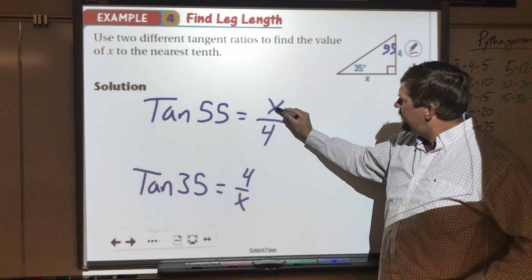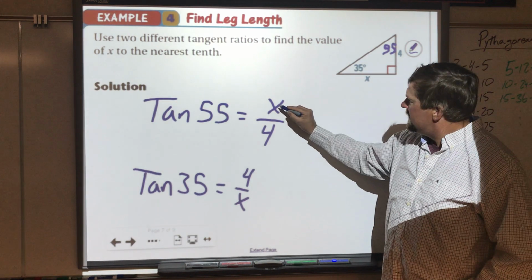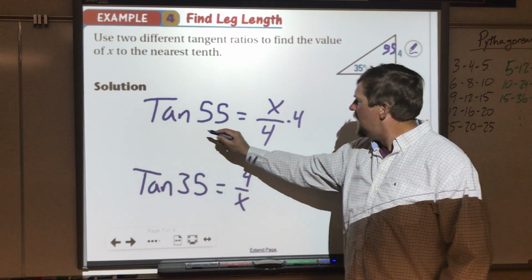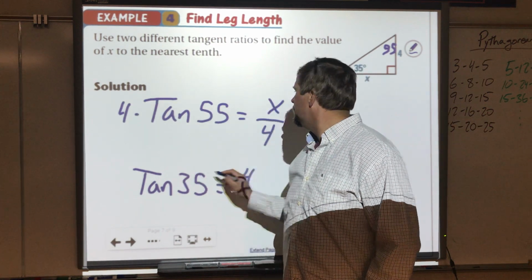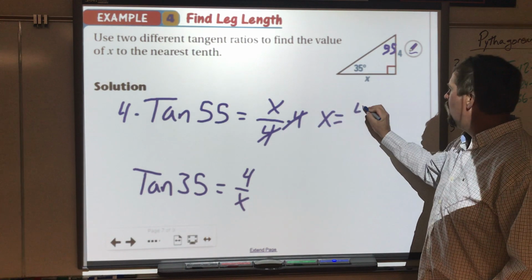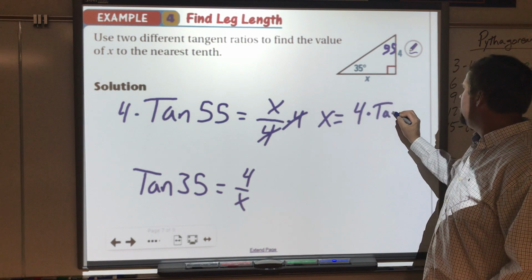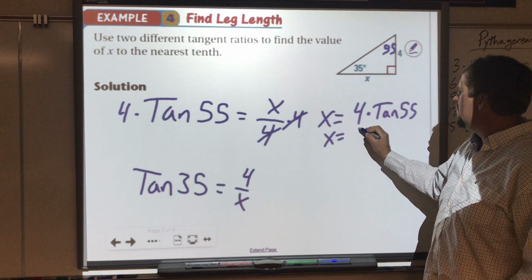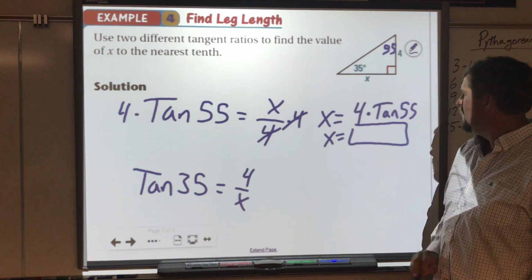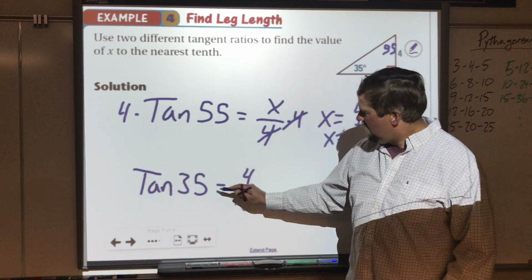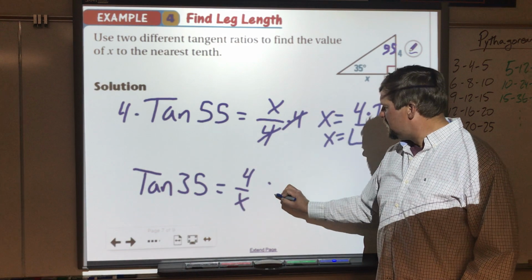If I'm going to find the value of x because it's in the top or the numerator, all I'm going to do is multiply both sides by 4. Those two cancel out, so x is equal to 4 times the tangent of 55. So I would then calculate that on the calculator. This one, because the x is in the denominator, I'm going to switch those.